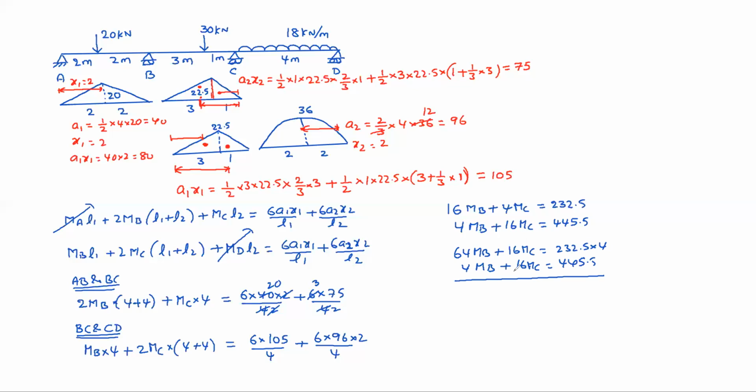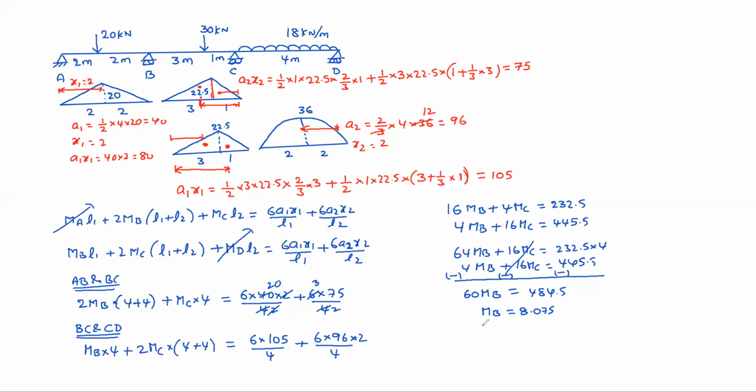Subtracting, this gets cancelled. 60 MB equals how much? 484.5, and MB equals 8.075.